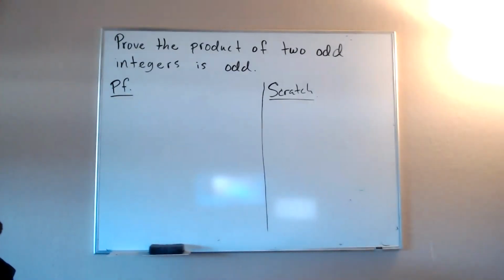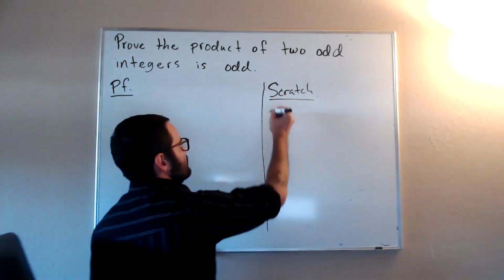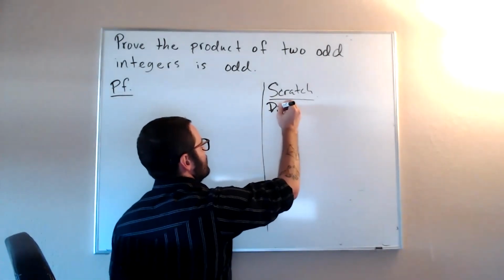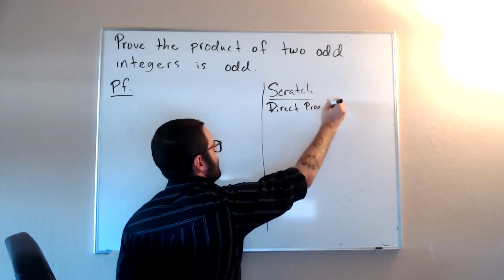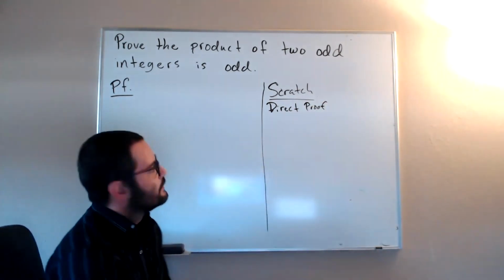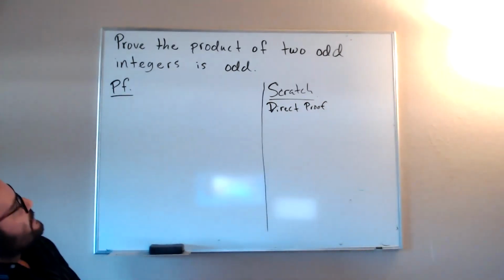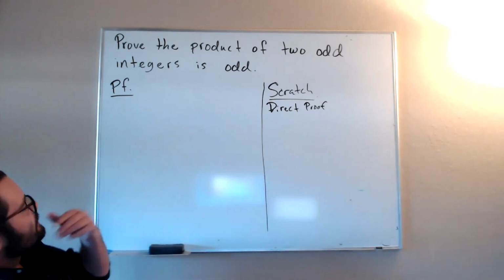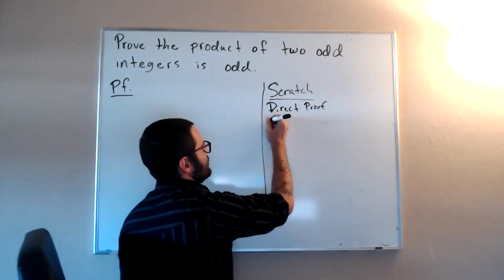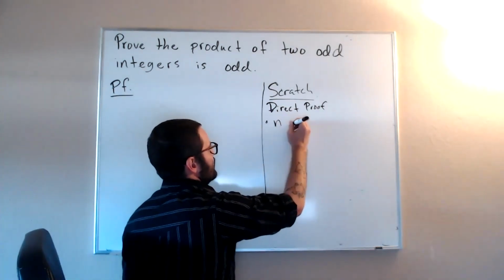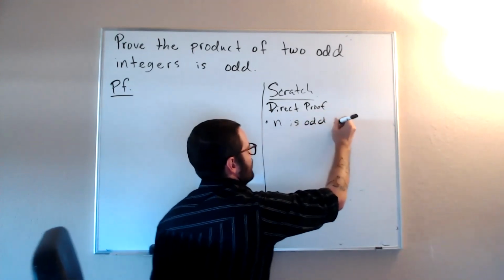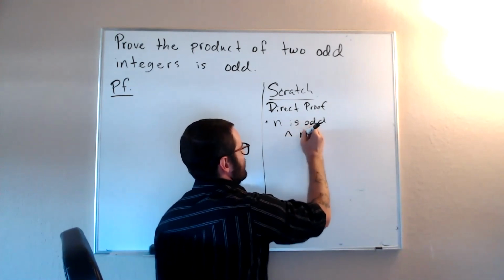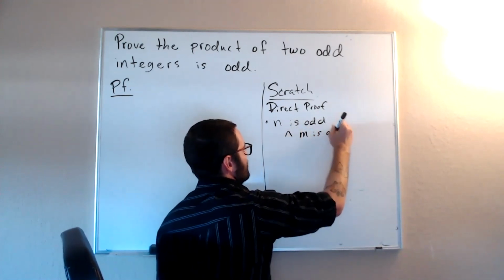Okay, so we can prove this statement with a direct proof. So we need to introduce some variables to represent these odd integers. So we'll say something like n is odd and m is odd.